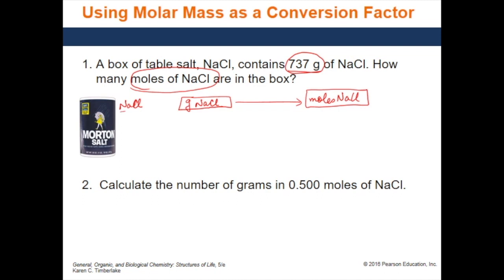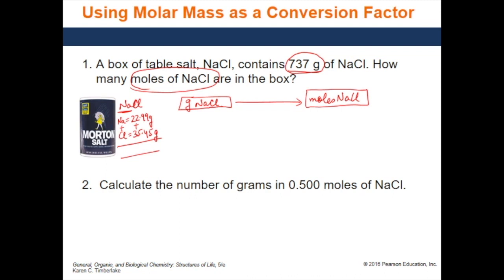NaCl consists of 1 atom of Na. So 1 atom of Na from the periodic table is 22.9 grams. And 1 atom of chlorine from the periodic table is 35.45 grams. Now if you add this up together, that would give you 1 molecule of NaCl.